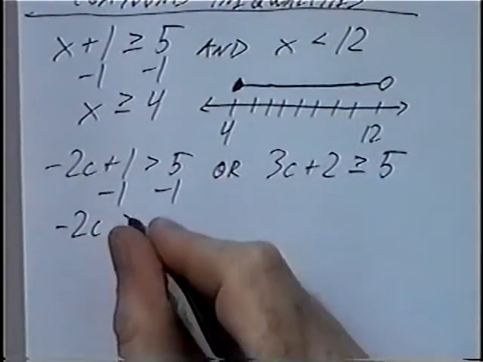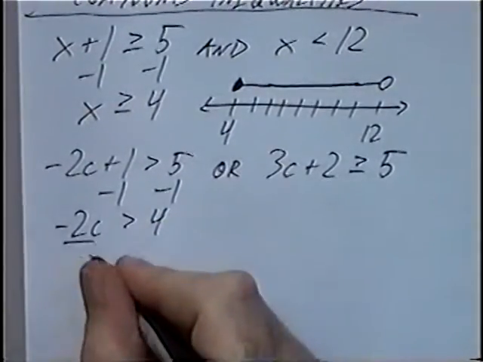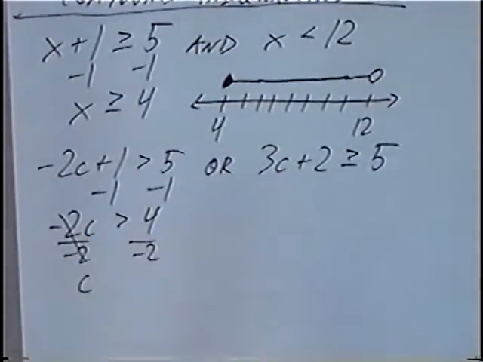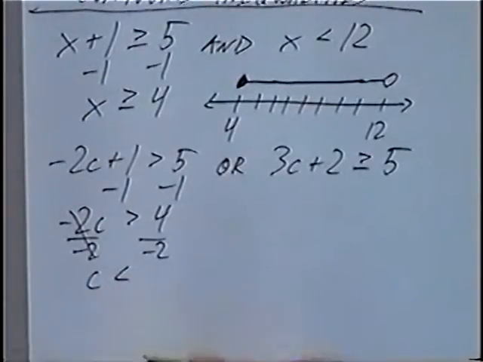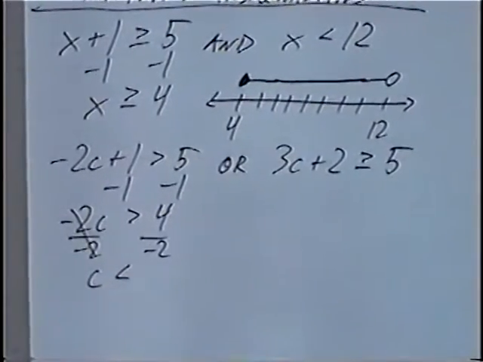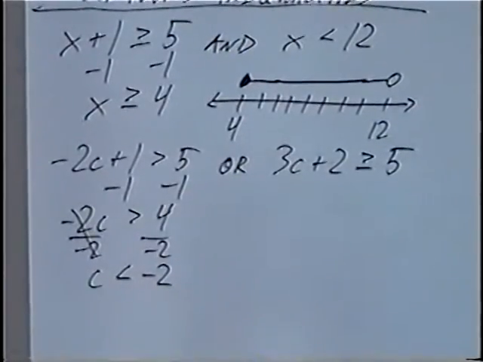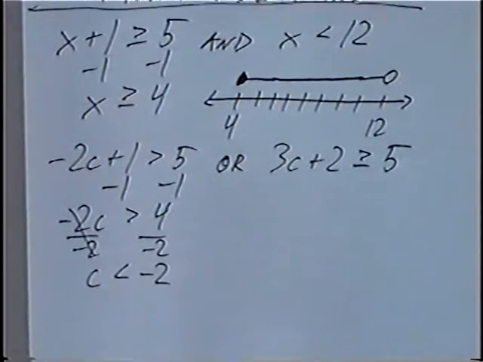Negative 2c is greater than 4. And dividing by negative 2, since we're dividing by negative 2, anytime you divide by a negative number, the inequality will flip around. And 4 divided by negative 2 would be negative 2. So c is less than negative 2.